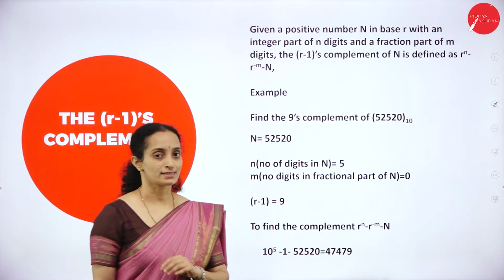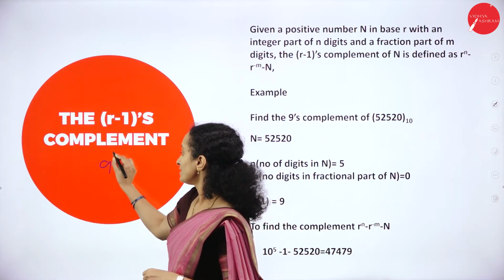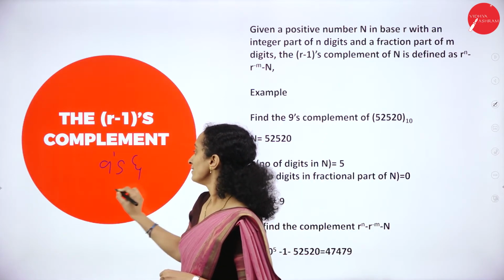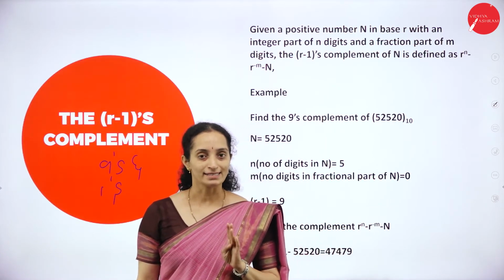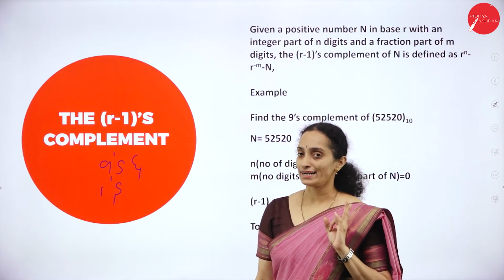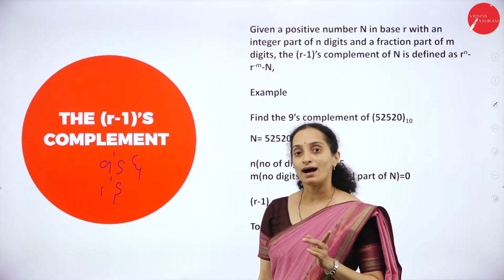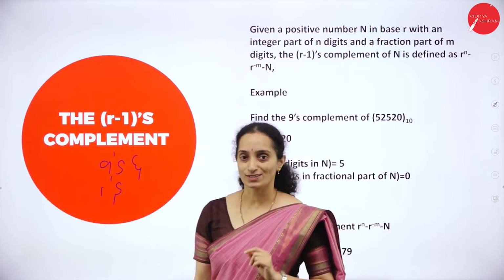So in R minus 1, we have the 9's complement and the 1's complement. In R, we have the 10's complement and the 2's complement. In R minus 1, we have the 9's complement and the 1's complement.